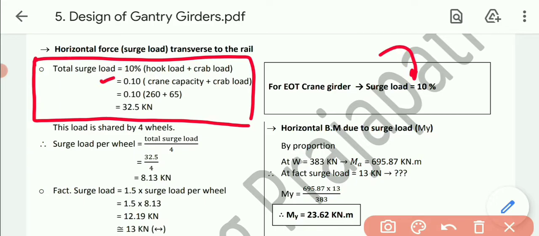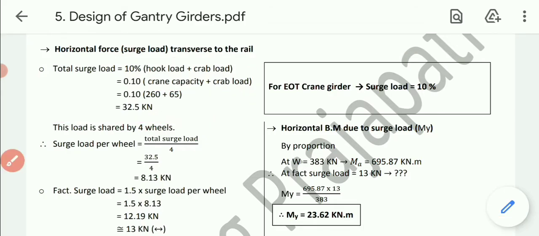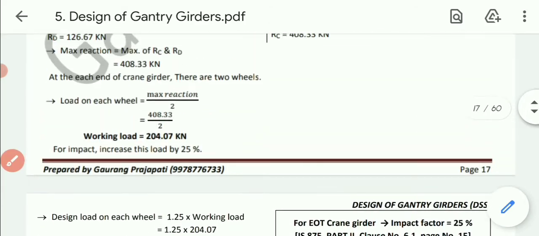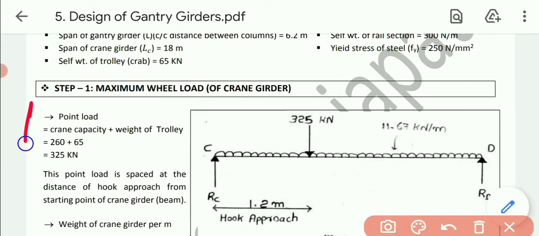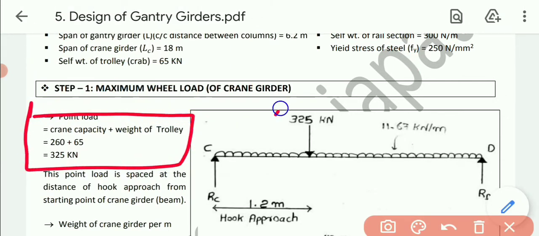The surge load criteria is taken as 10% of hook load plus grab load. So 10% means 0.10 of hook load, that is nothing but the crane capacity, and grab load is the load of the trolley, or we can say the trolley's weight. We have already calculated this, crane capacity plus weight of trolley, 325.